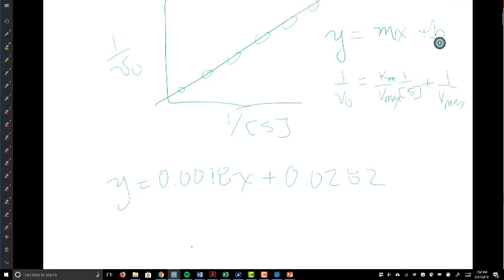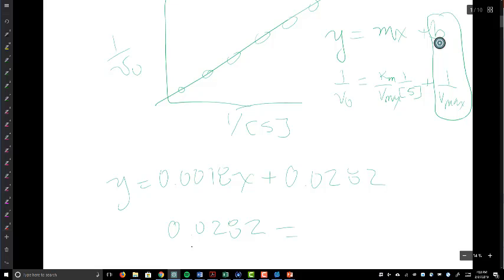So our y-intercept is equal to 0.0282, and our y-intercept is equal to what, in terms of the kinetic parameters? So our b is equal to 1 over Vmax. Okay? So if we have the number for our b, and that's equal to 1 over Vmax, how would we solve for Vmax?